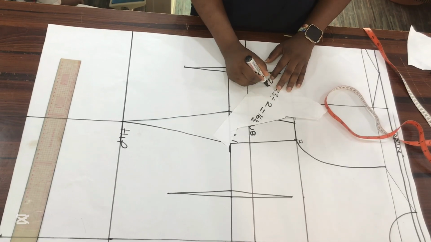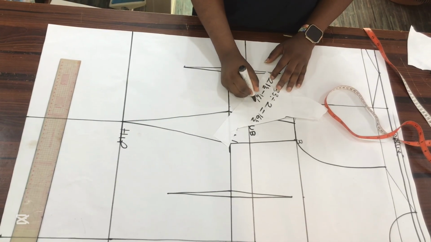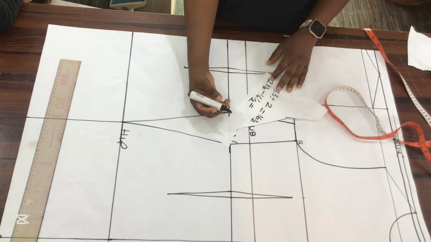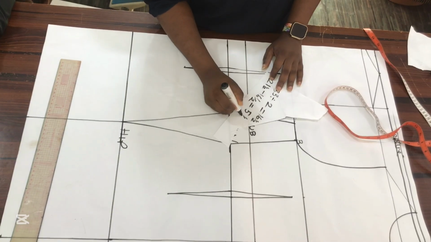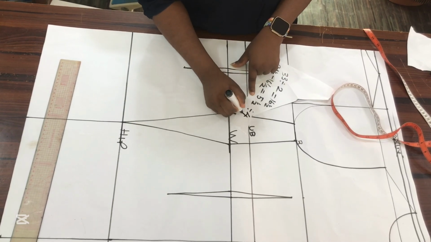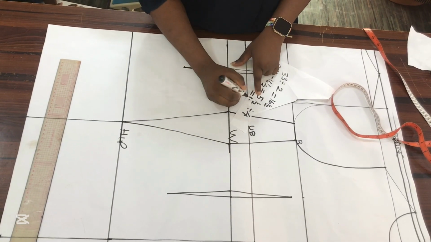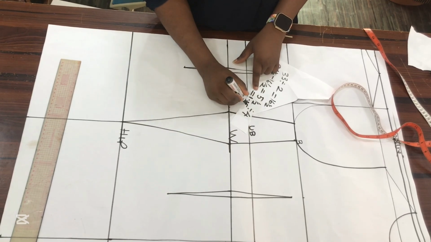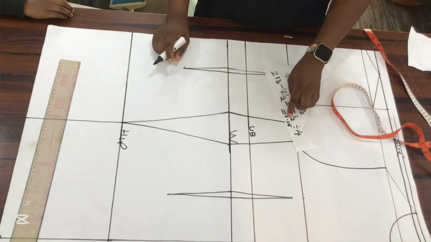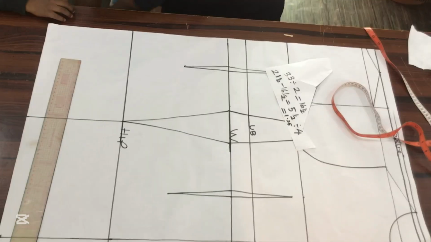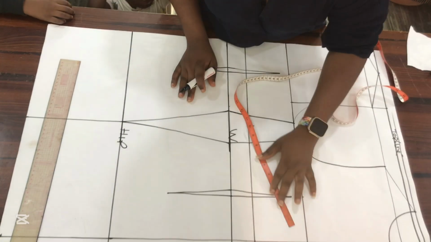So after subtracting it, then I'm going to be dividing it by 4, whatever I get. So here I got 5.5. So that 5.5, I'm going to be dividing it by 4. Whatever I get is what I'm going to be subtracting from my underbust line at the dart area. So please watch and try to understand it.